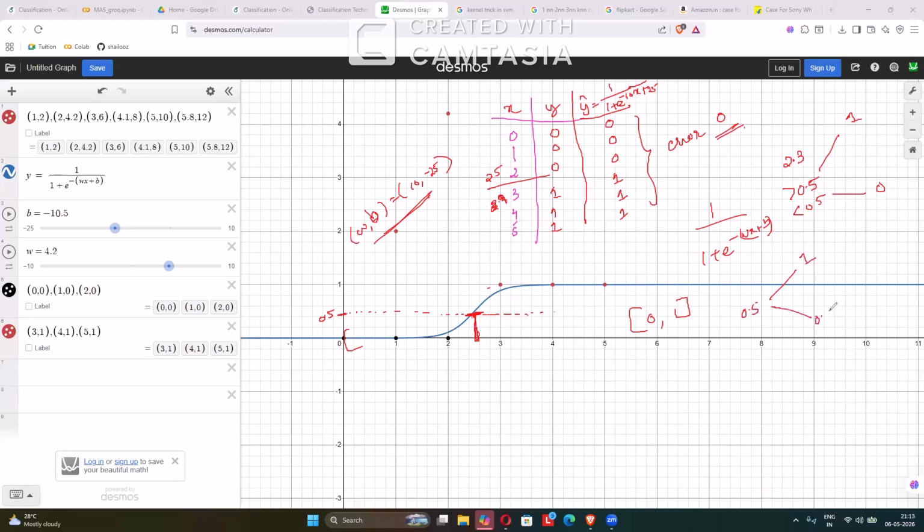Otherwise, it belongs to class 0. Is that clear? Yes. So ultimately, logistic regression is giving a probability, and to maximize this probability, we have to appropriately find w and b.